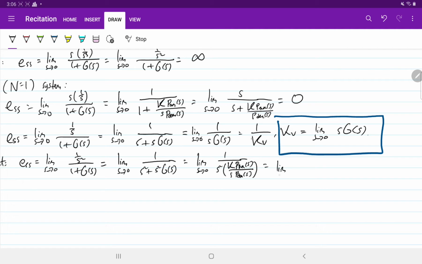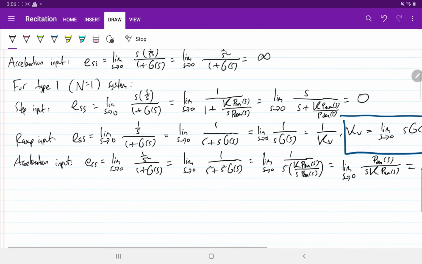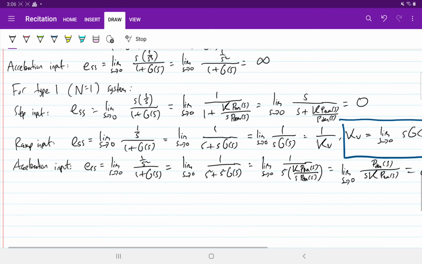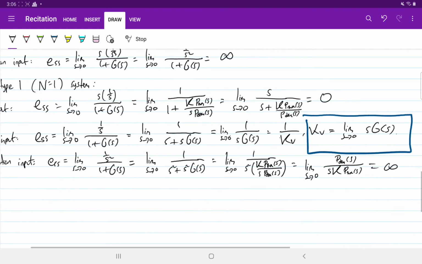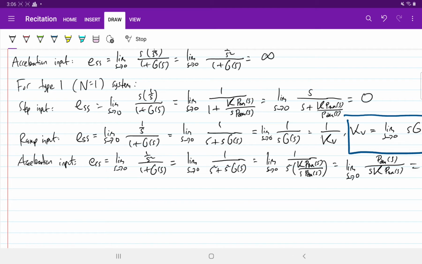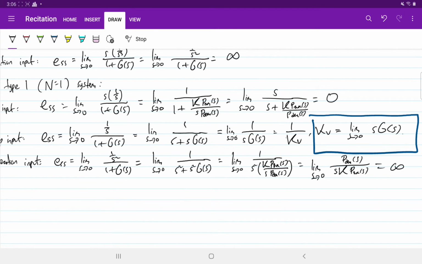So limit s to 0 1 over s times kp numerator over p denominator. We know that this is infinity. So for a type 1 system, if we are giving it acceleration input, then the closed loop system cannot track the input since the steady state error is infinity.